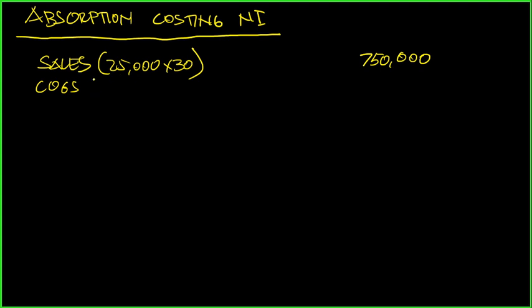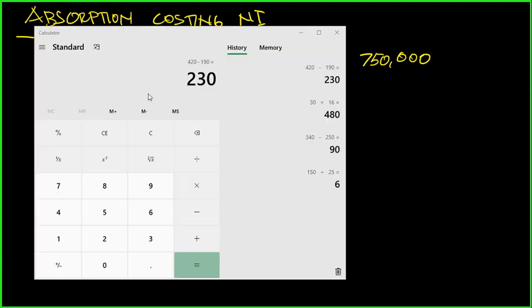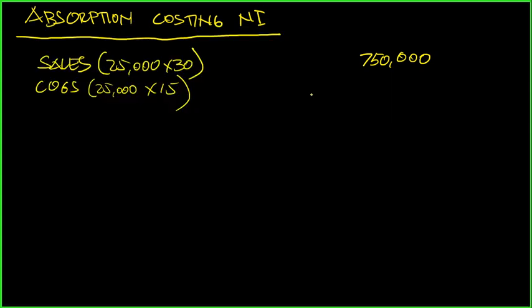So the cost of goods sold is 25,000 times 15, coming from 10 plus 5. That's 375,000. Then 750 less 375 is also 375,000.